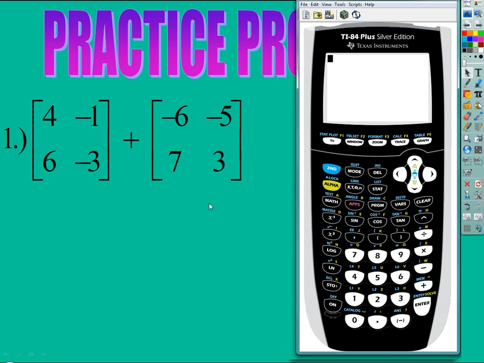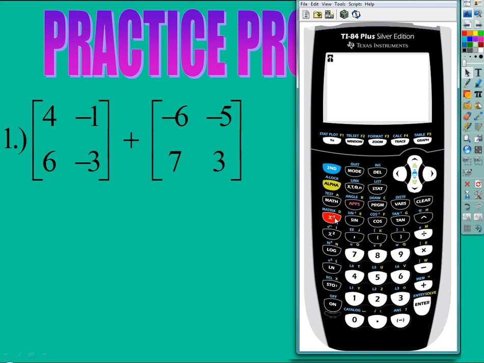Everything happens in the matrix screen. So you go second. And just so you know, when these videos show up, the ones with calculators are particularly useful. If you want to see the buttons I'm pushing, they always turn red. So you can keep track of the buttons I'm pushing just by watching which one turns red. So second matrix gets you to the matrix screen.